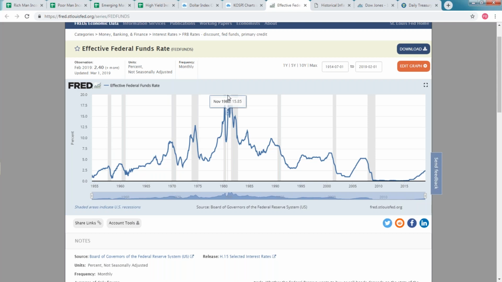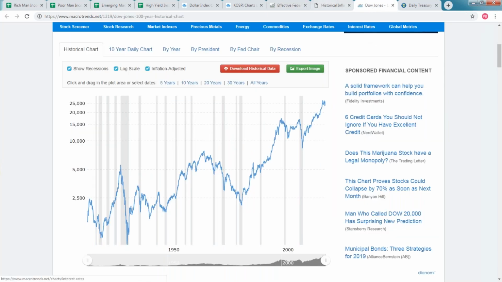So what's the big risk for anyone who's trading bonds, equities, or real estate? It's just one thing. It's if the Fed raises rates, that causes trouble in all markets. And so if we go look at the Dow Jones from this same time period, from 1960 to 1980, you can see this was essentially a 20-year period where you did not make any money.